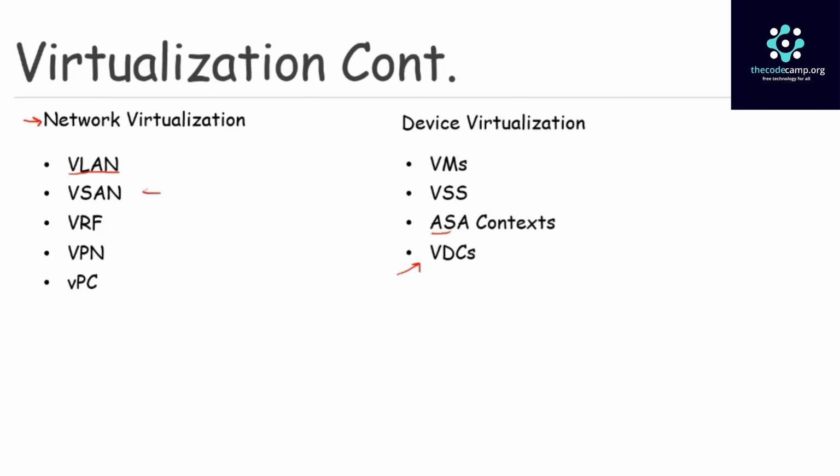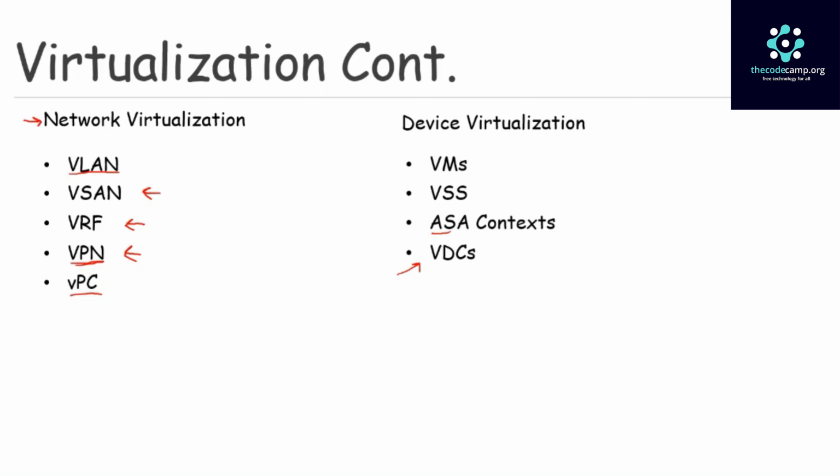Our virtual SAN, having a VLAN for our storage area network; a virtual routing and forwarding instance; a virtual private network, being able to encrypt our data and send it across some overlay network and get to it as if we are on that same LAN; or virtual port channel.